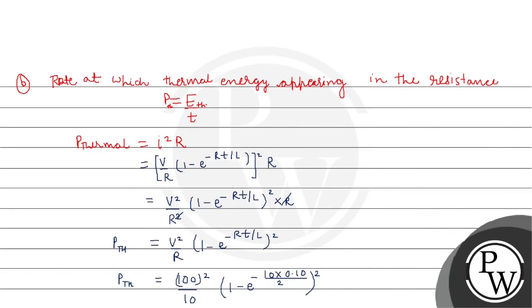So simply mathematically calculating the value of P thermal, the value of P thermal is 154.82 watt. So this is the rate at which thermal energy appearing in the resistance. So this is the answer of part B.